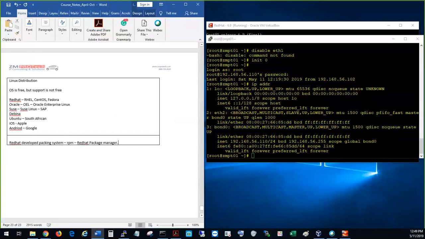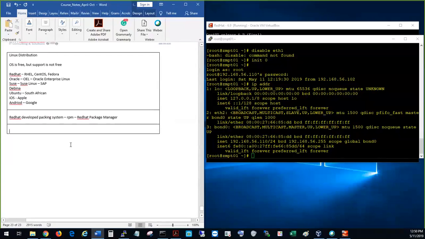And they had such good success with this that RPM has now become a generic term. So what are RPM based systems now? The other distributions are adopting the RPM based system. So now all these are RPM based. I know that for sure.